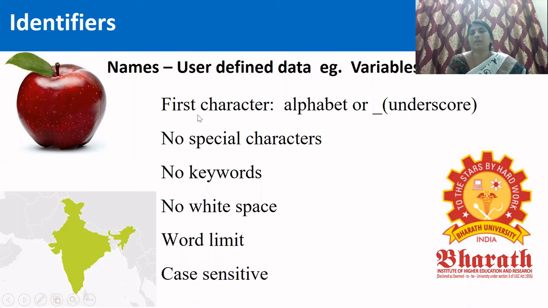The first character should be an alphabet or an underscore. And there should be no special characters allowed in the names of the variables or functions, whatever identifiers we are using in C language. And no keywords, no white space, and there is a limit of 256 characters, and it is very case sensitive. So the upper case is different and the lower case is different.